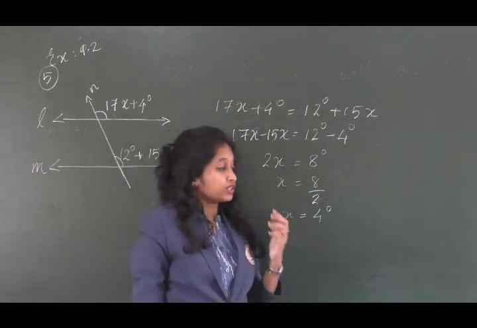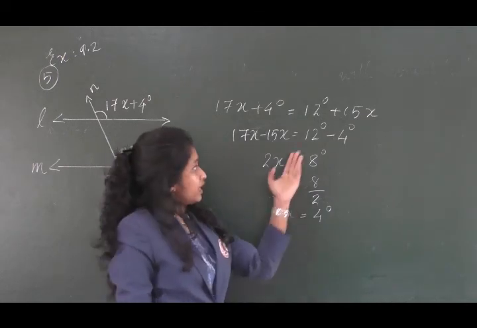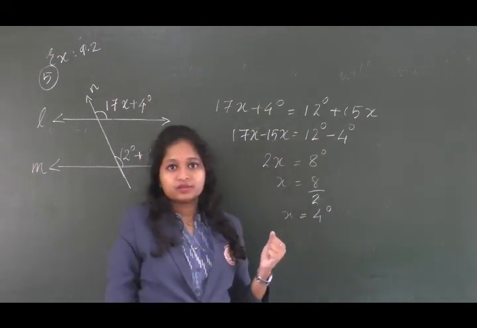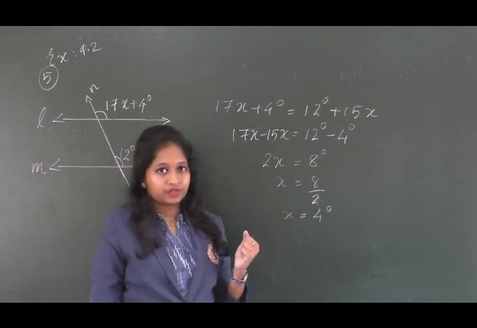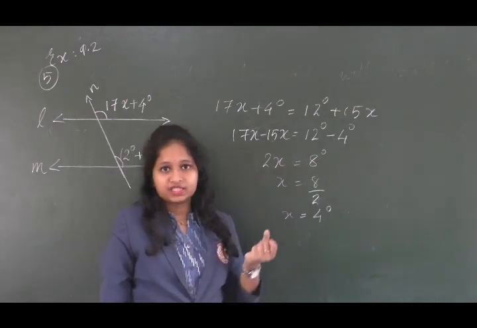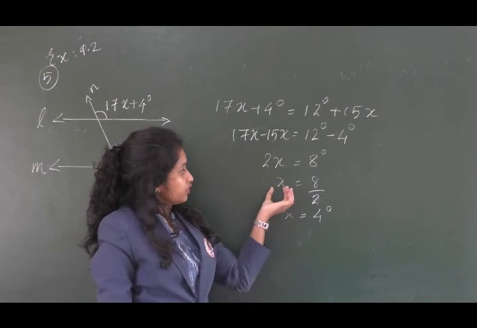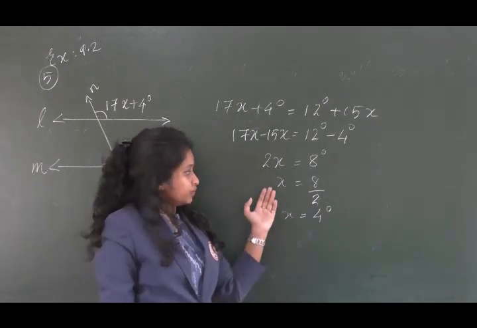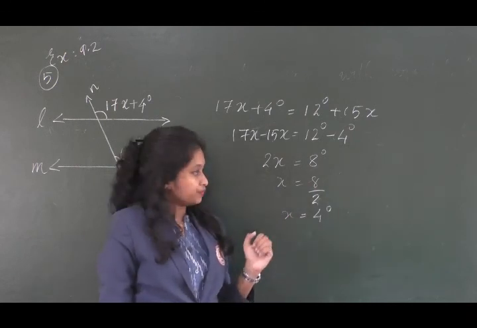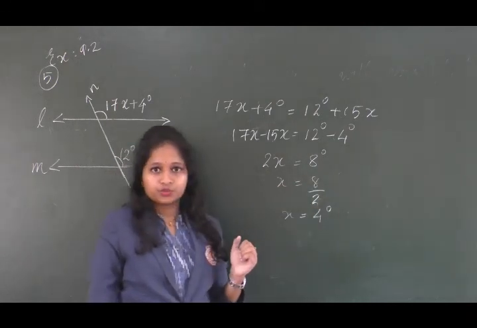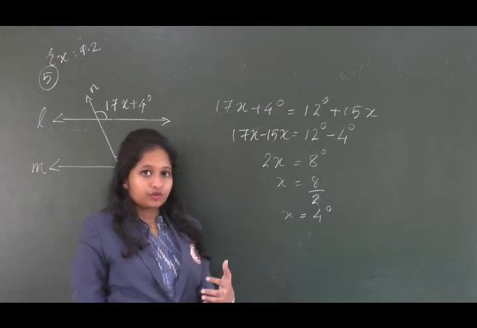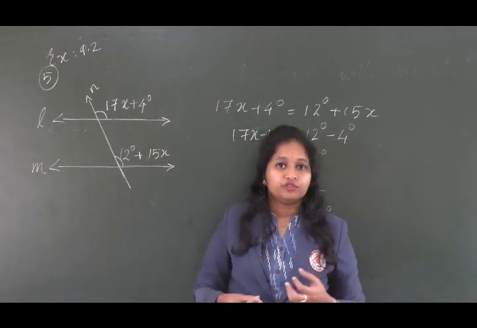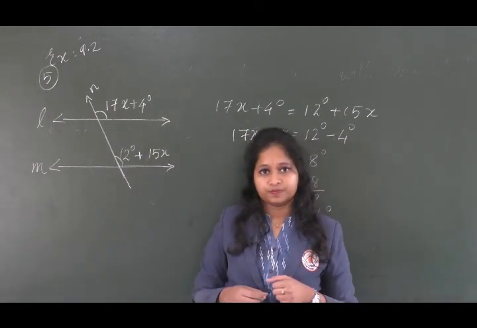It is 2x. And 12 degrees minus 4 degrees is 8 degrees. So 2x equals 8 degrees. Now to find x, we have to take this 2 to the other side, so it comes in the denominator. So we have 8 by 2. So 8 by 2 is 4, and the value of x is 4 degrees.